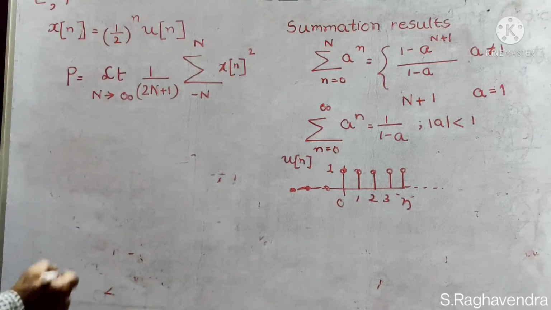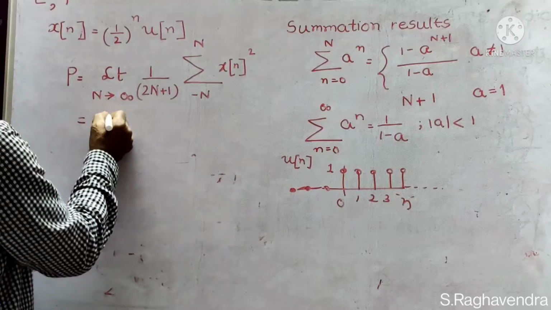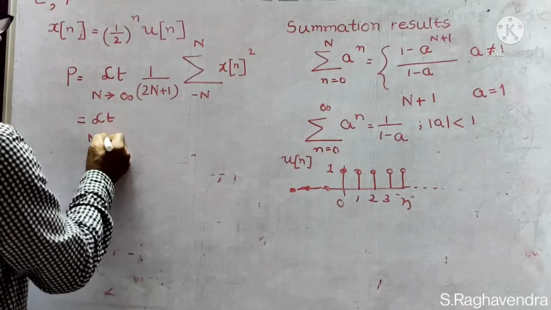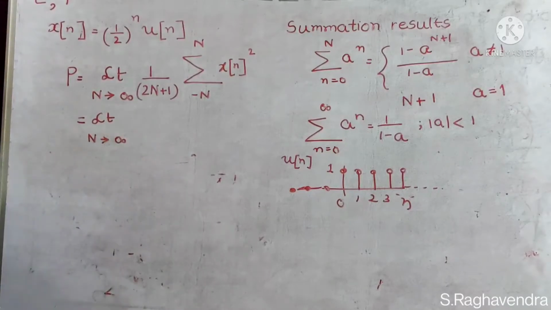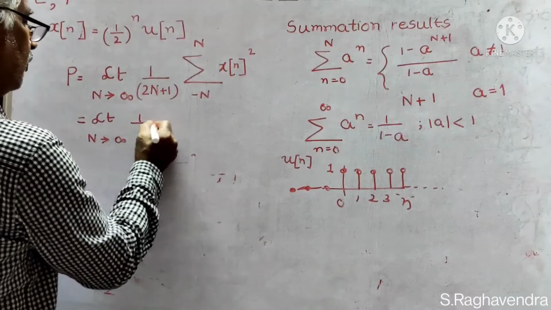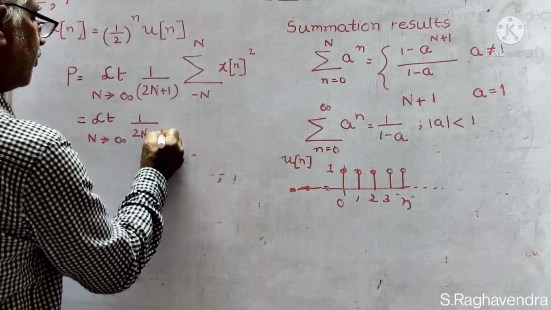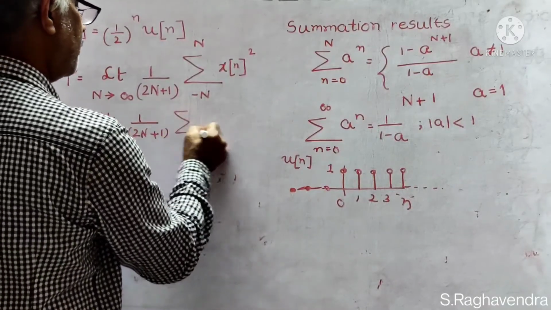Now, limit n tending to infinity of 1 over 2n plus 1, summation.